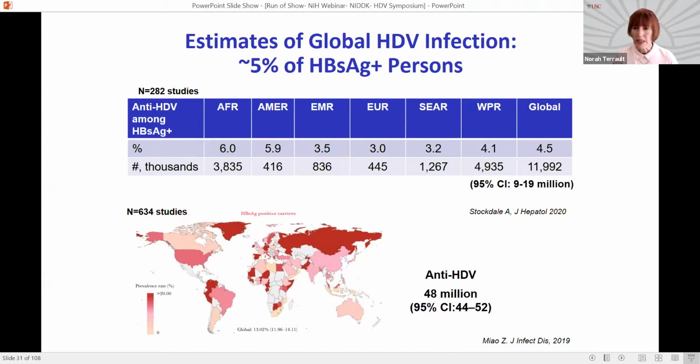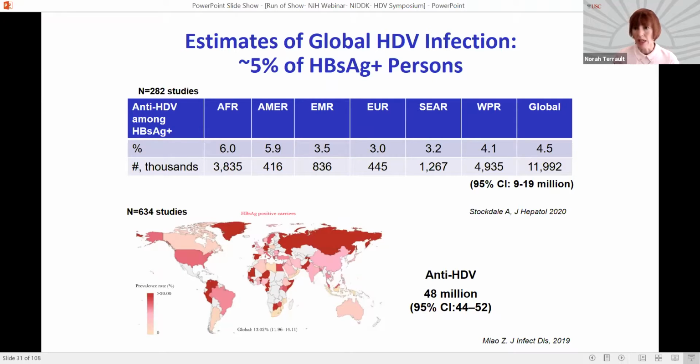Shown at the top is a systematic review of 282 studies, looking at it by region globally. You can see that the proportion of surface antigen positive patients that are Delta positive is 3% in Europe, up to 6% in Africa, and estimated globally to be 4.5%, or 11 million individuals, with the confidence interval being 9 to 19 million.